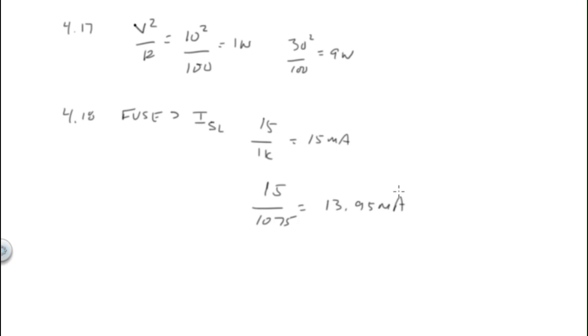Okay. Now for 421C, it says find the maximum load power. Okay, so this would be for 19. For figure 421C, find the maximum load power. So here we have 12 volts, and we have 9K, we have 18K.